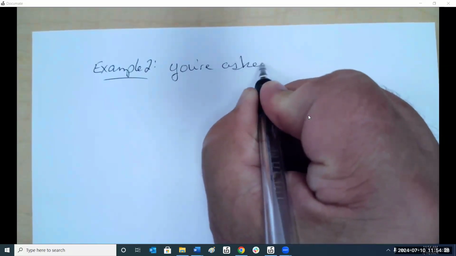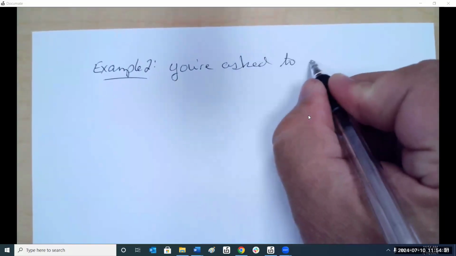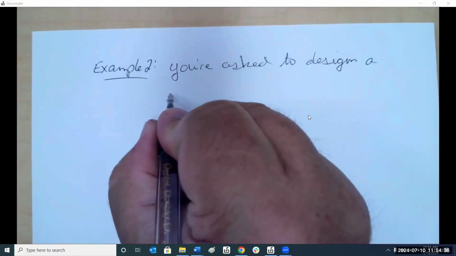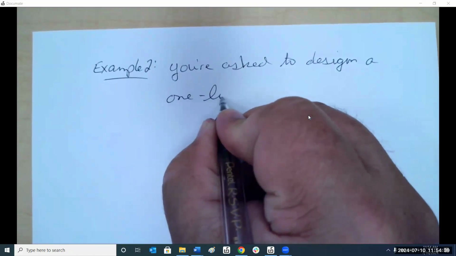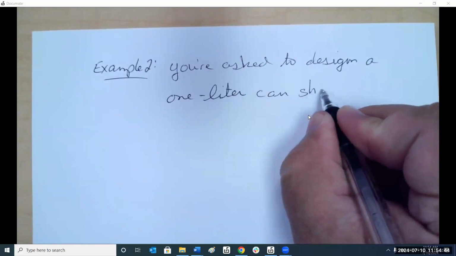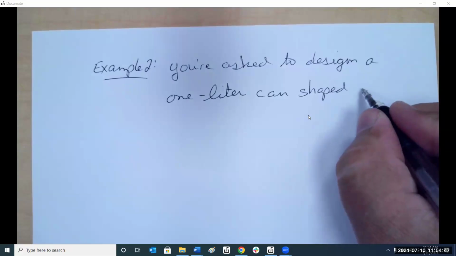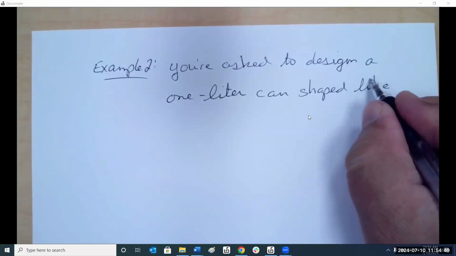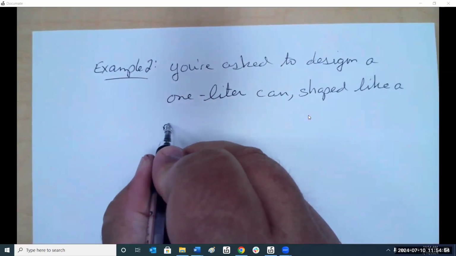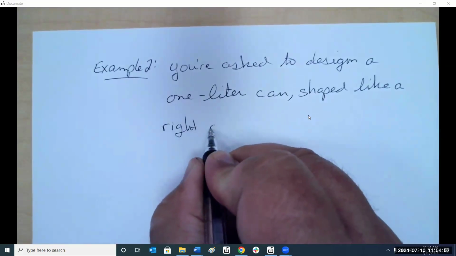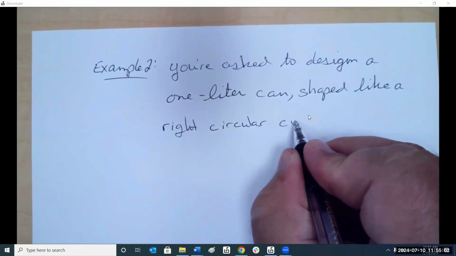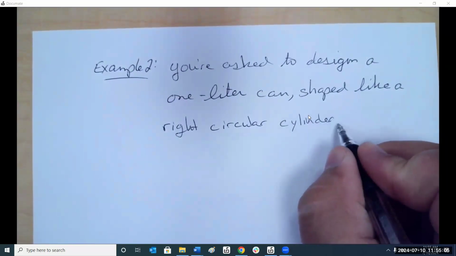You're asked to design a one-liter can shaped like a right circular cylinder.